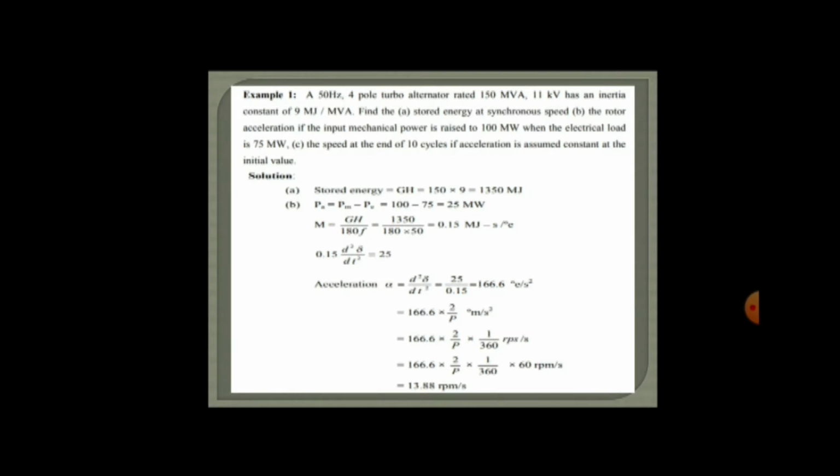d square delta by dt square. So how much? Acceleration power value is 25 megawatts. Okay, so you can find out the second bit.